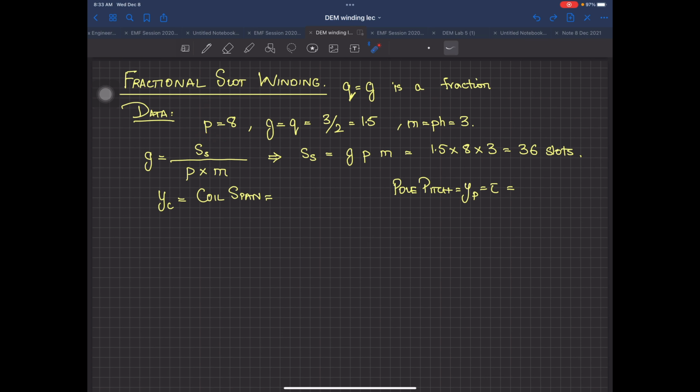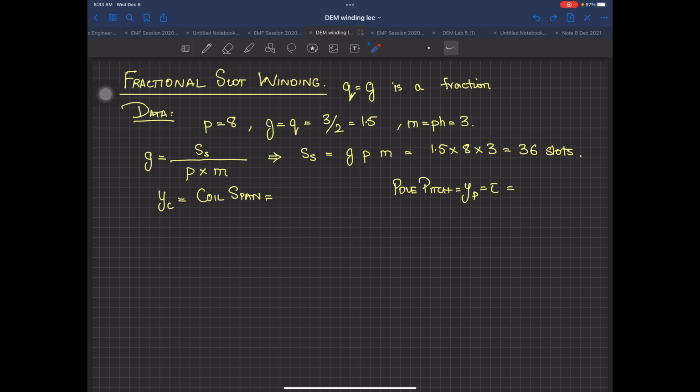Now, the number of slots in front of a north and south pole pair for one phase is going to be 3. So whatever fraction you select, it should become an integer when you take it in front of a pair of poles. This is very important.